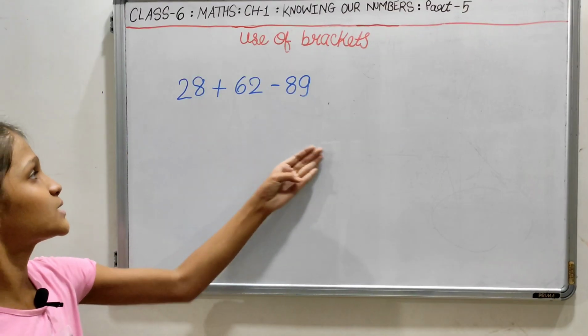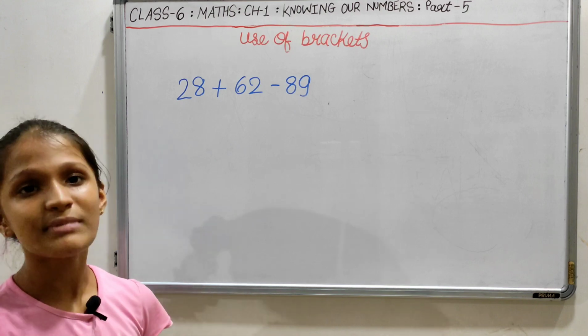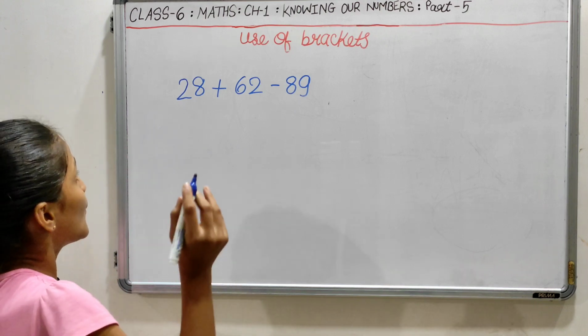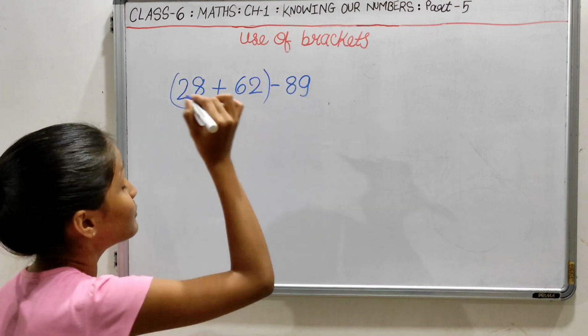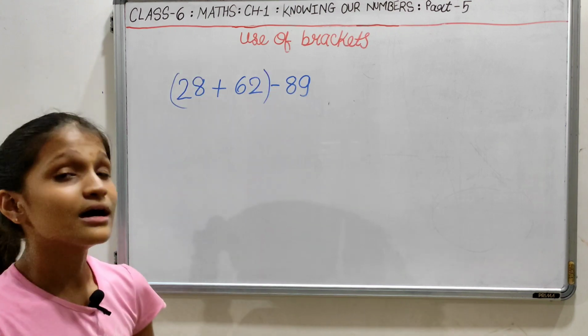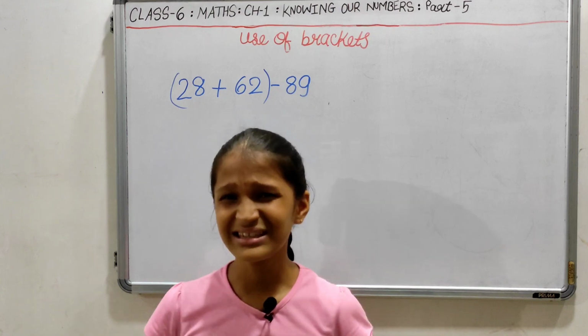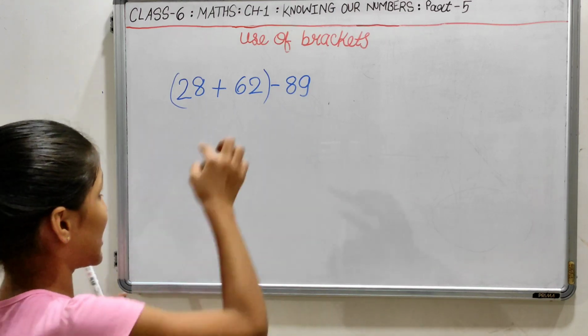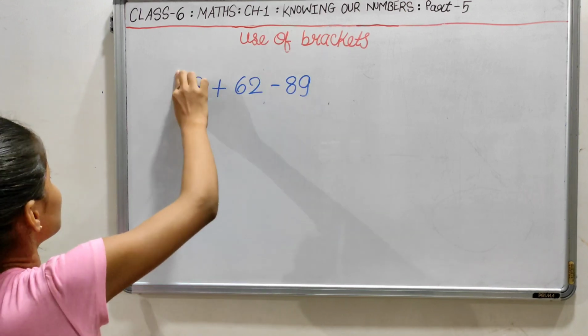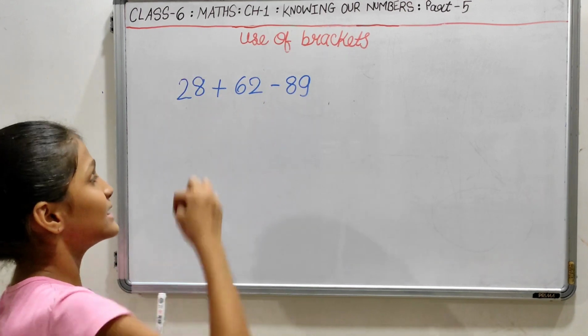Now we will solve this problem: 28 plus 62 minus 89. What we can do is use brackets. So we'll put brackets here. Now all of you will question, why do we put the bracket only here?